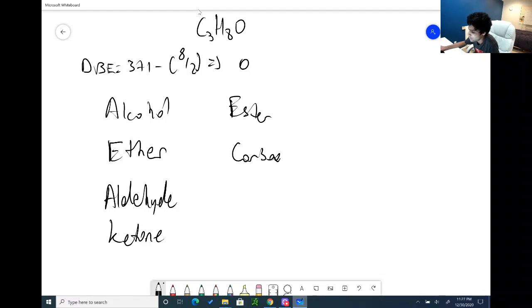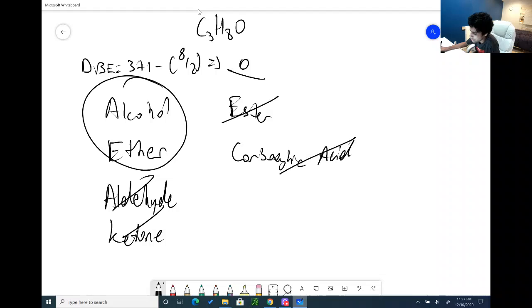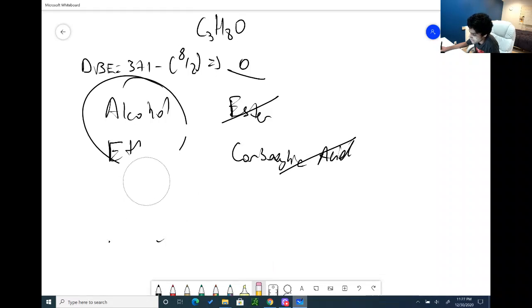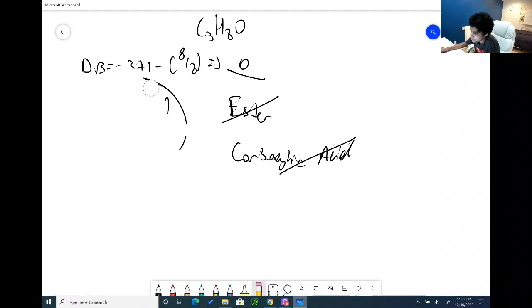So you have these options. However, since there is no double bond, you can cross out ester, carboxylic acid, aldehydes, and ketones. The only groups that are present are alcohol and ether. So let's find out the isomers.